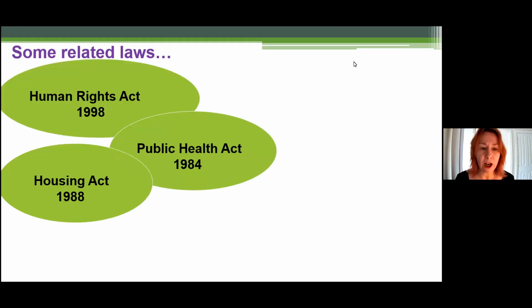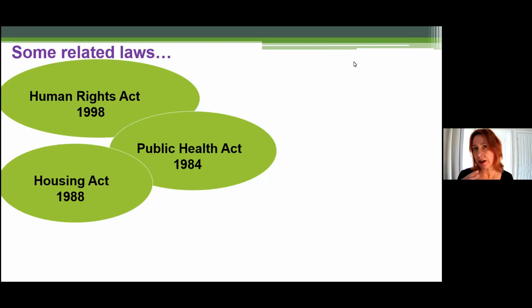We've got the Human Rights Act of 1998. There are a couple of articles under this act that might relate to self-neglect and or to hoarding. Article 2, for example, is about the right to life. If we've got someone whose self-neglect is life-threatening to themselves and or others, due to it being a fire risk, we might need to invoke Article 2 of the Human Rights Act. We've of course got Article 8 as well, which gives us all a right to respect for private and family life.